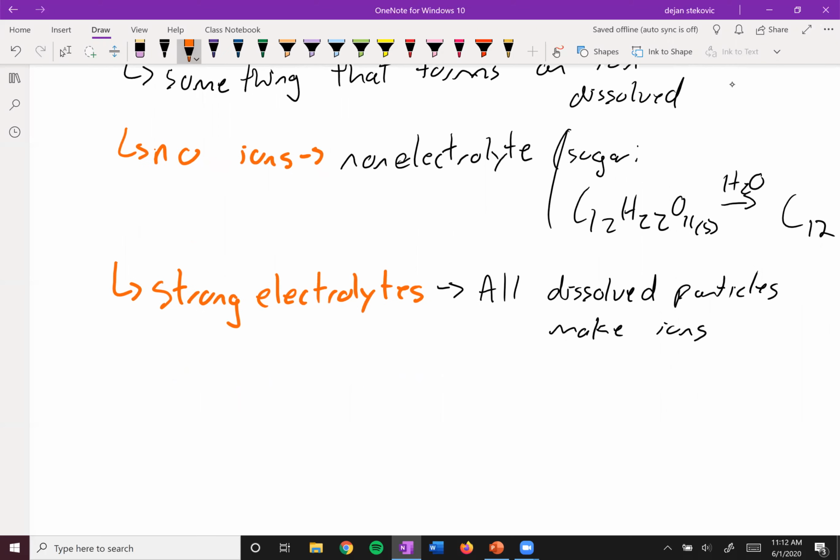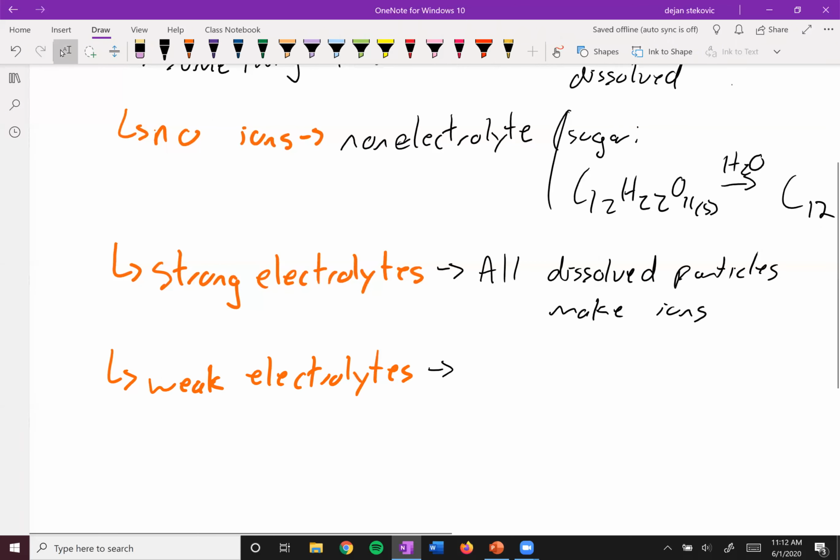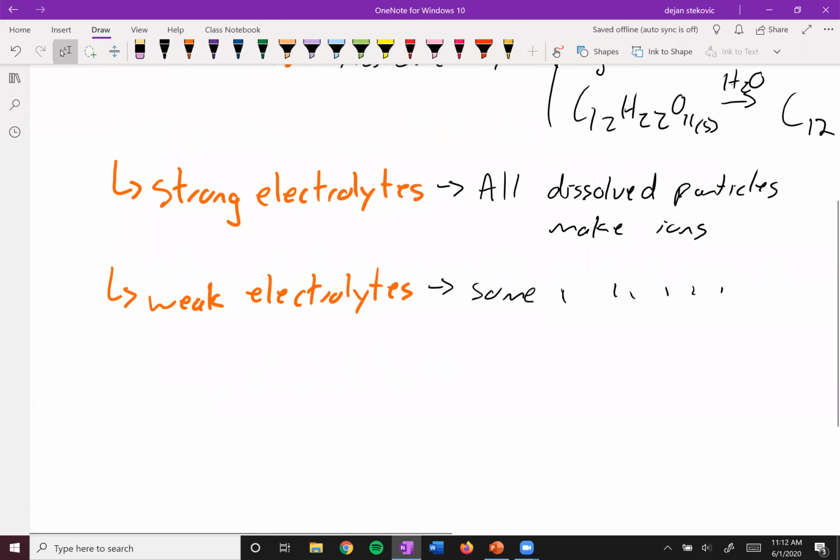And then we have weak electrolytes. In weak electrolytes, some of your dissolved particles form ions, some don't. So we'll just say some, and then we'll copy up the rest, right? Dissolved particles make ions, right? So only some of them.